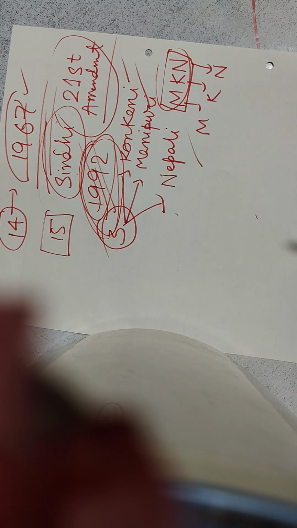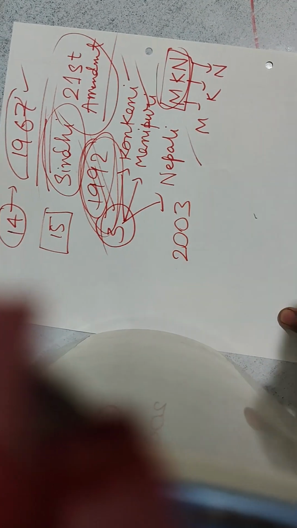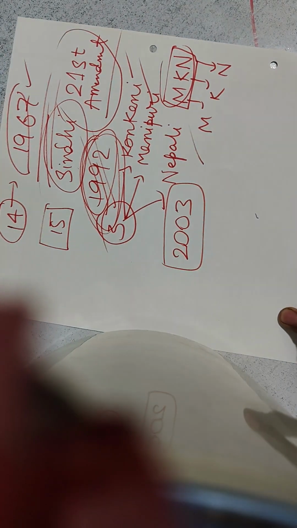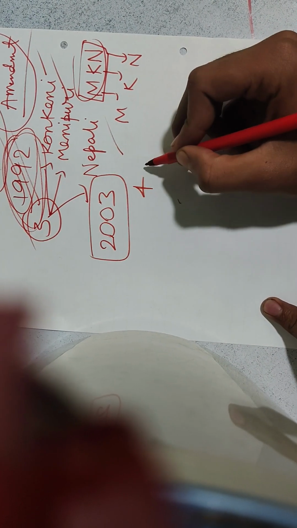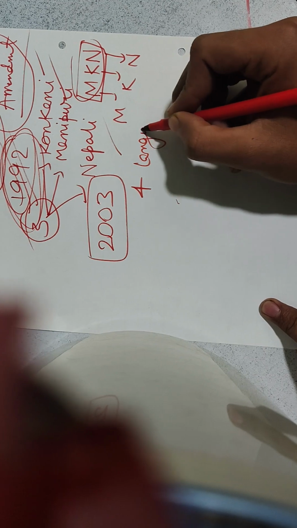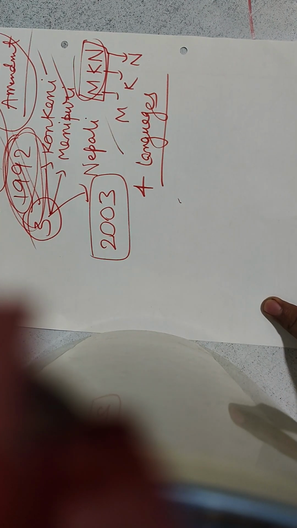Then what happened? One more amendment occurred, in 2003. And this amendment added 4 languages. What were those 4 languages?